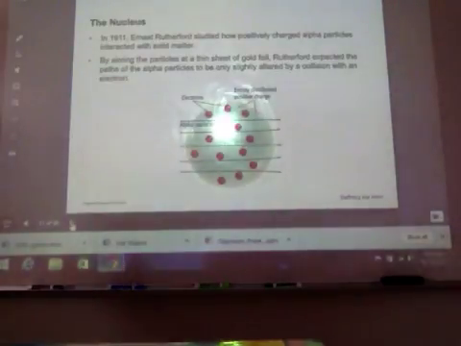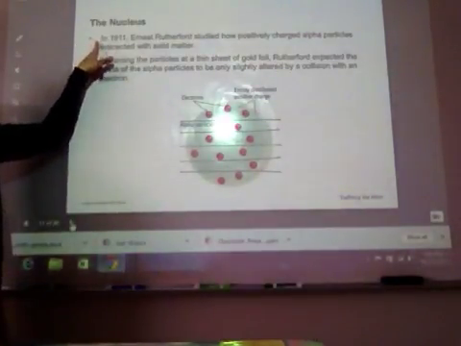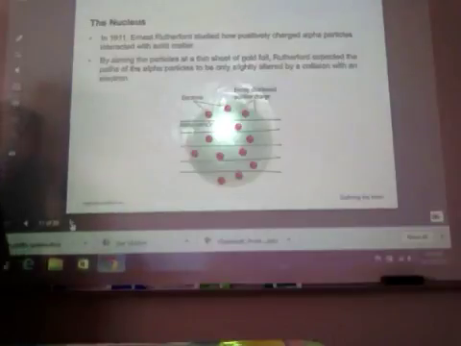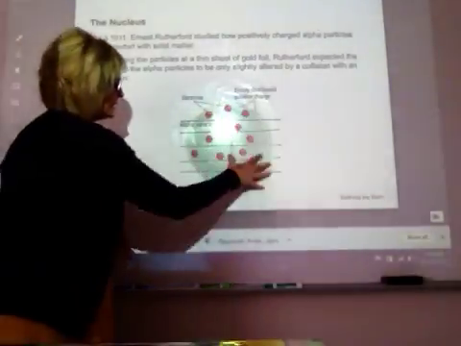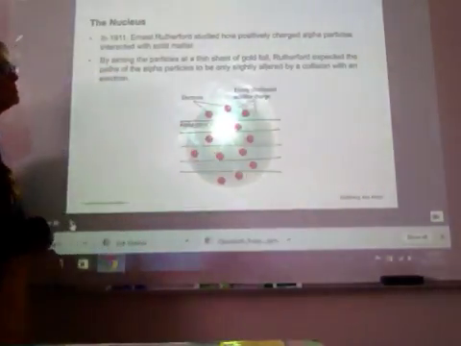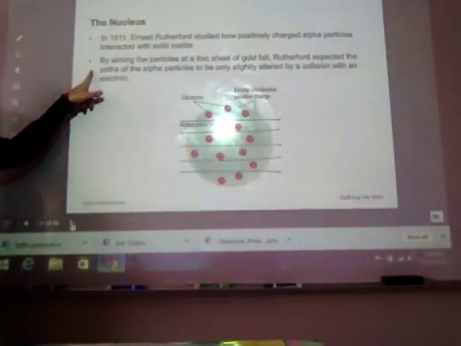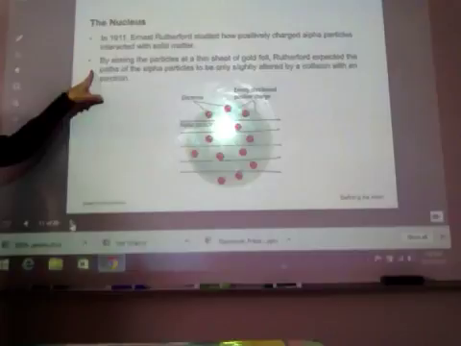Then Ernest Rutherford, in 1911, studied how positively charged particles interacted with matter. He's still thinking that we have this plum pudding model, and I'll get to the experiment that he used.